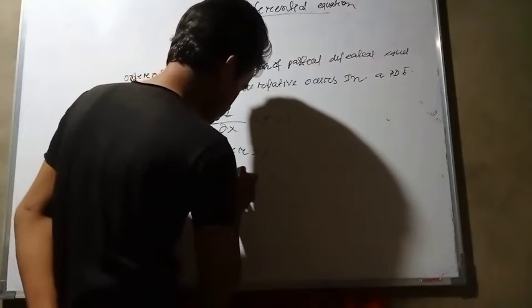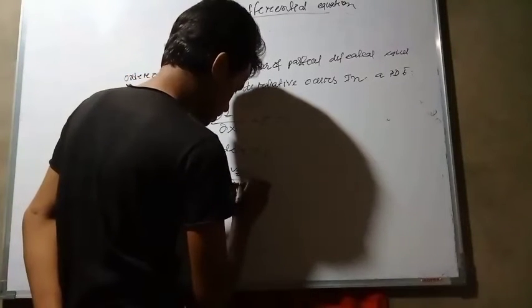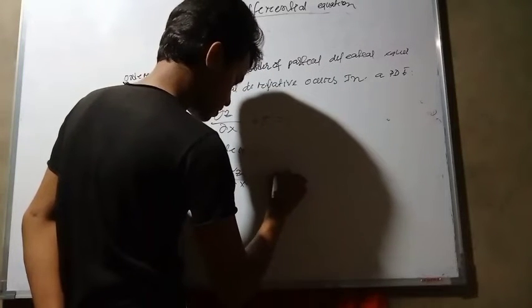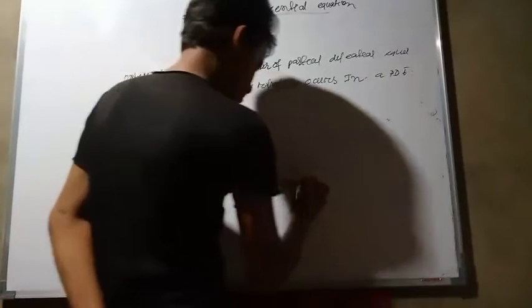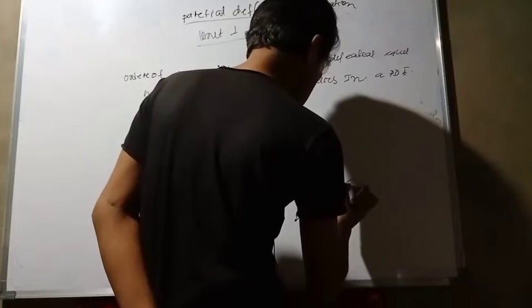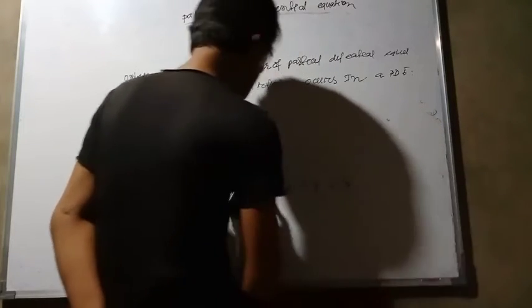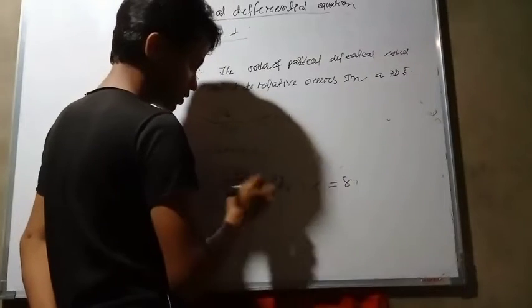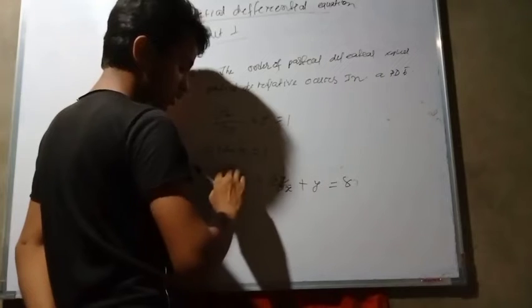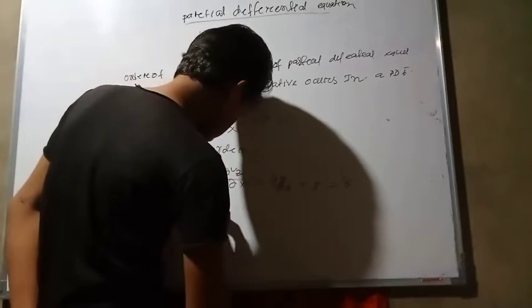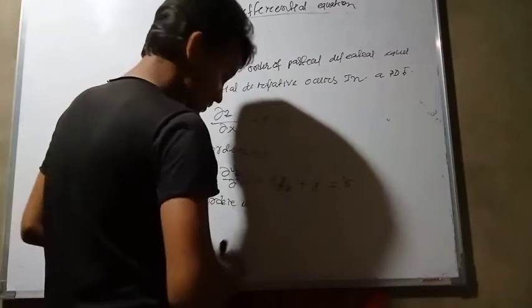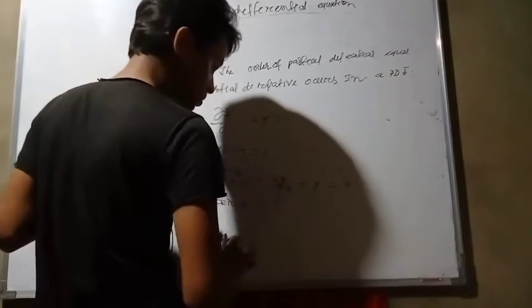If we take a question like d²y/dx² + y = 8, here the highest partial derivative occurs two times, so the order is 2.